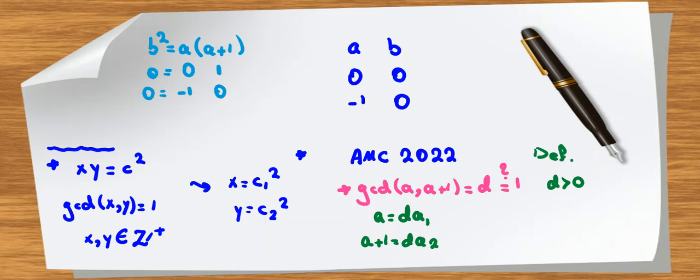Subtracting, a plus 1 minus a is 1, which equals d a2 minus d a1. Factoring out d, it is d times a2 minus a1, which is 1. Since d is positive, the only possible case is d equals 1 and a2 minus a1 equals 1. So the GCD is 1, meaning a and a plus 1, two consecutive numbers, don't have any common factor.